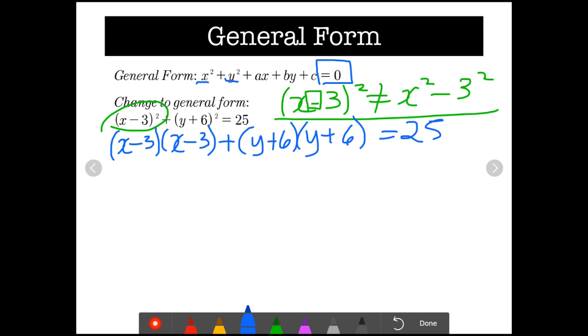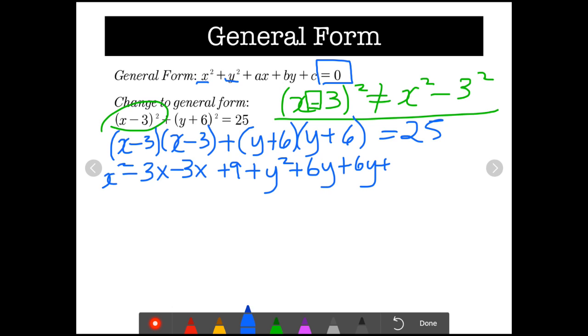Okay, so if we FOIL out this side, we're going to end up with x² - 3x - 3x + 9 + y² + 6y + 6y + 36 = 25. Okay, and then let's go ahead and combine like terms.